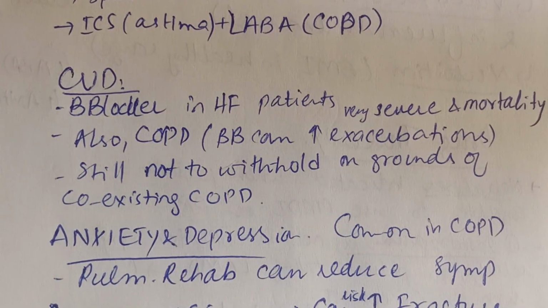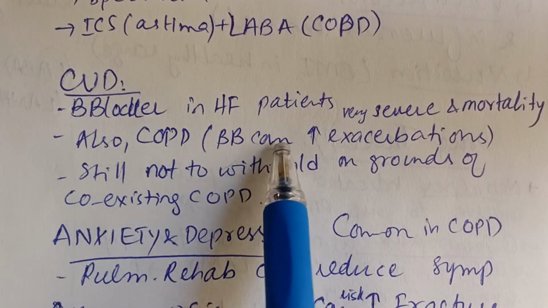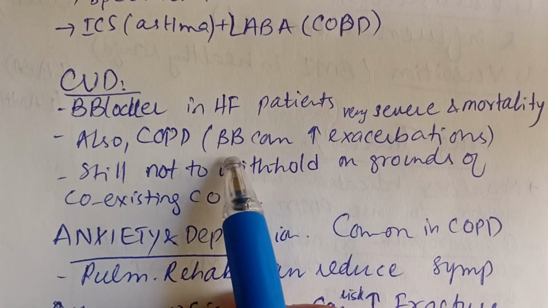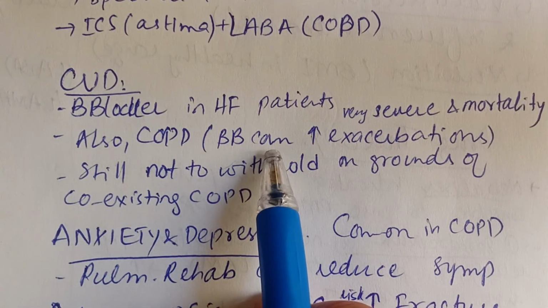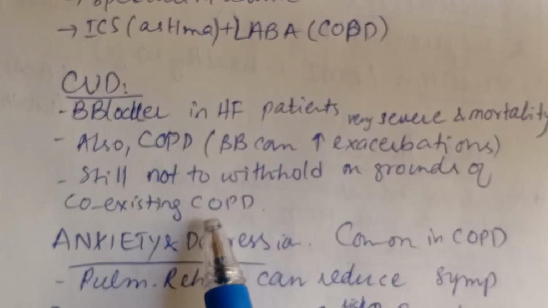And if the patient with COPD has comorbid heart failure, beta blockers can result in severe and very severe exacerbations, and they can increase mortality. COPD patients can get severe exacerbation if they are exposed to beta blockers, but in heart failure patients, beta blockers are very necessary for the treatment. Still, we do not have to withhold the beta blocker on grounds of coexisting COPD.